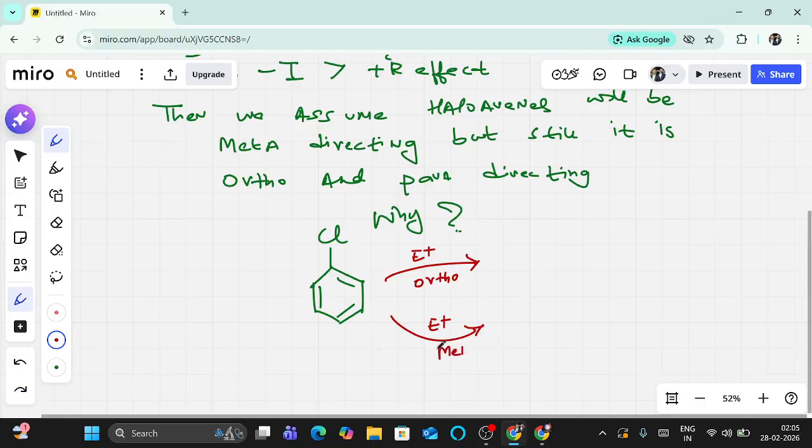So let's draw both intermediates. When the electrophile attacks here at the ortho position, this double bond will break. The electrophile will attach here, but this carbon will lose a bond, so plus charge will come here. So this is the expected intermediate.